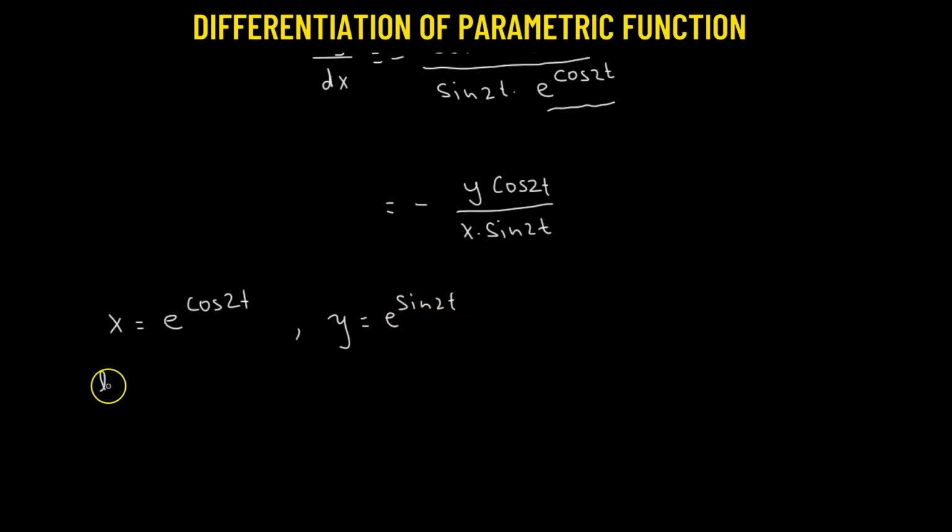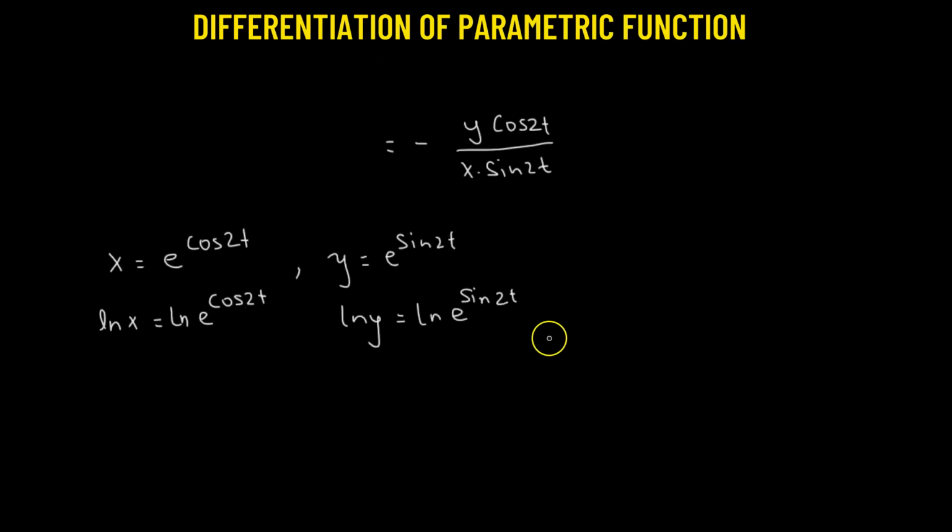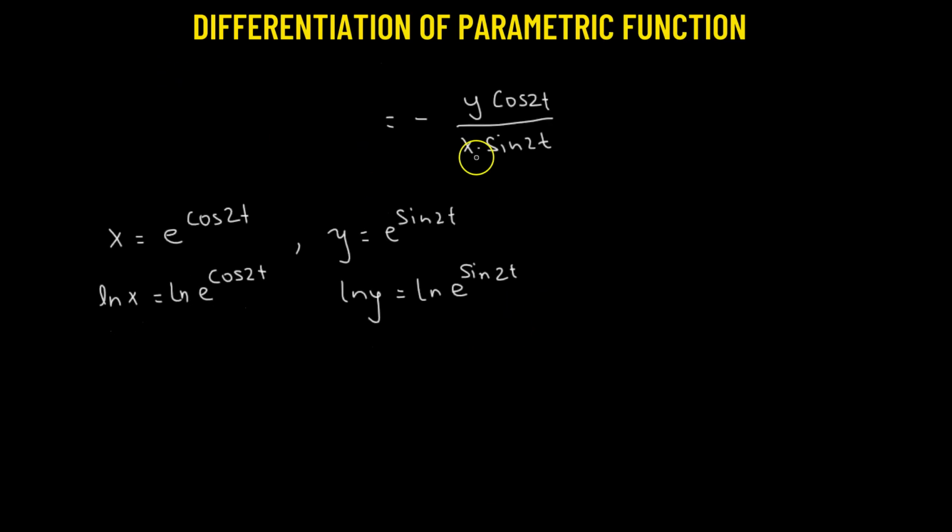So if we take the natural logarithm on both sides, we have natural log of x equal to natural log of e raised to the power of cosine 2t. Similarly, natural log of y is going to give us natural log of e raised to the power of sine 2t. Right. We can use the property of logarithm that states that whenever we have log of a raised to the power of b, that's equivalent to b times log of a.